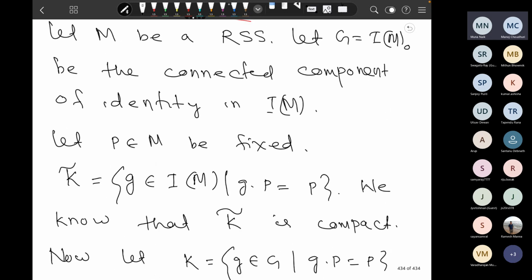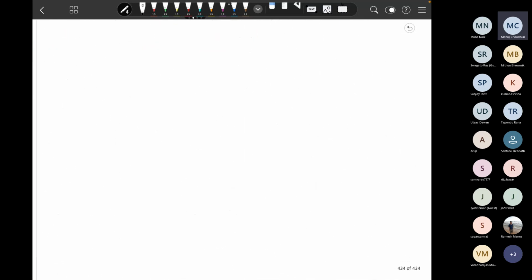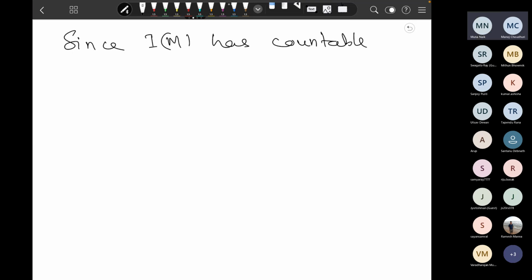Now, since we have already stated that proposition that I(M) is second countable, its connected component will also be second countable. Since I(M) has a countable base, this implies G has a countable base, because G is the connected component of I(M).